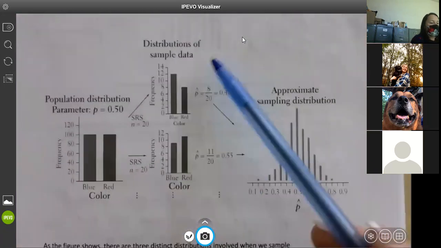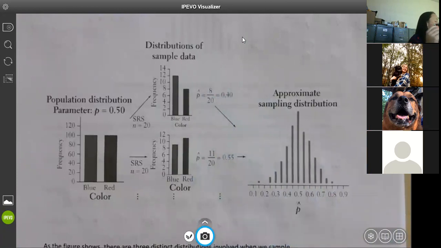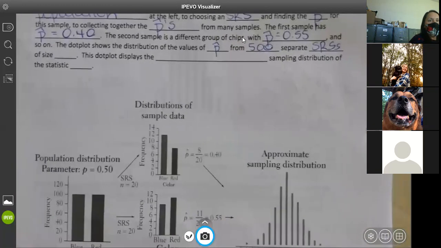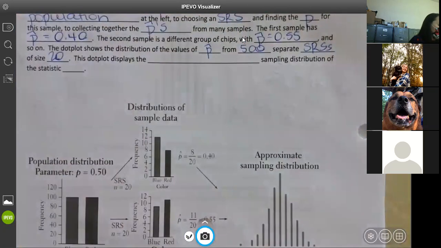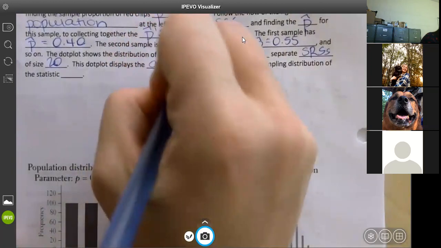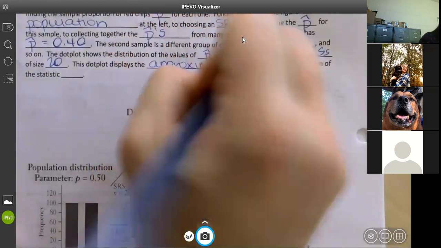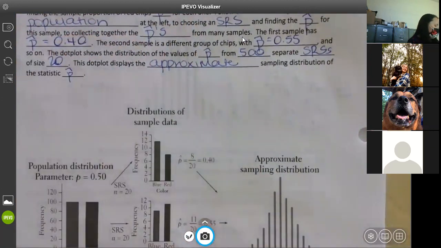So then they took all of these samples that they did and they plotted them on this dot plot. And that's what we're going to do with our chips. Again, of size 20. This dot plot displays the approximate sampling distribution of the statistic p hat.